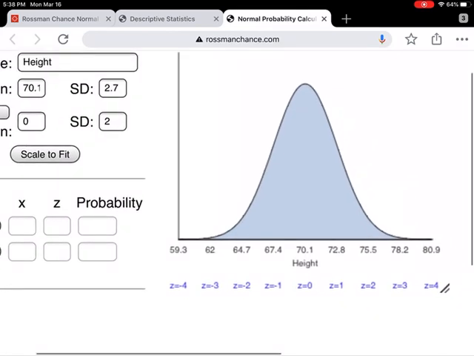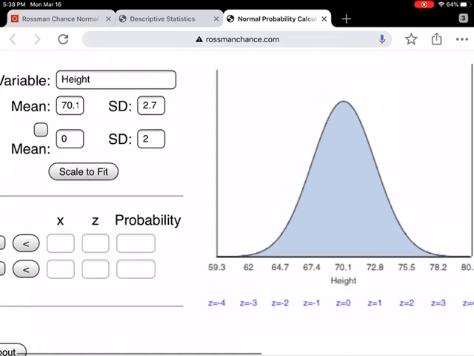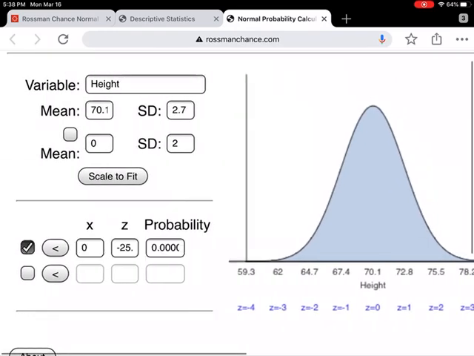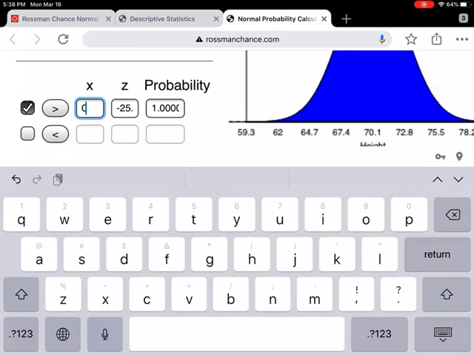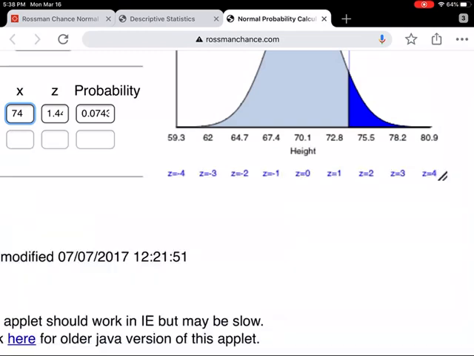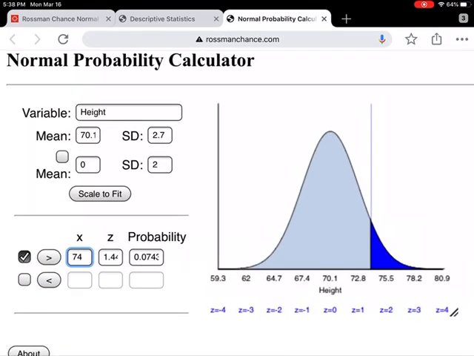It did it for me, and look what it did. It shows me where the center is, and it shows me the z-scores. And now what it's asking for is the probability, and I just turned this around because I want the probability of having a height greater than 74 inches. Just hit return. So this probability calculator is really, really snazzy.